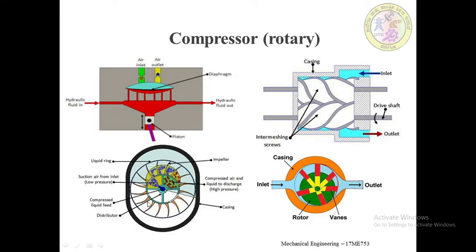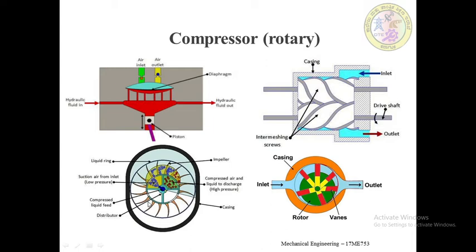So during the first quarter of a cycle, the air is sucked into both suction chambers of the casing, and during the second quarter of a cycle, the air is compressed and pushed out through the discharge port. So the compression action takes place like this. During the third and fourth quarter of a cycle, the process is repeated.